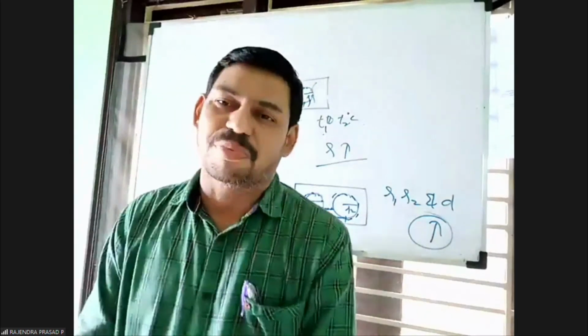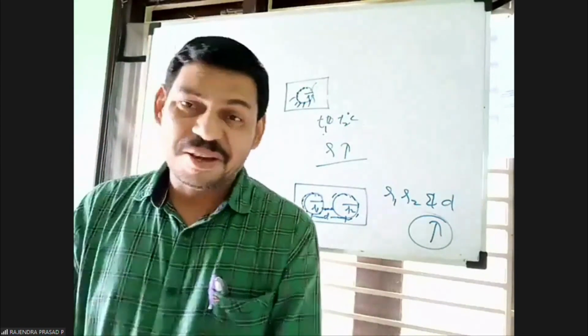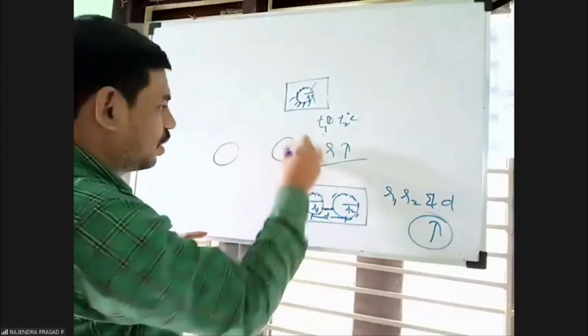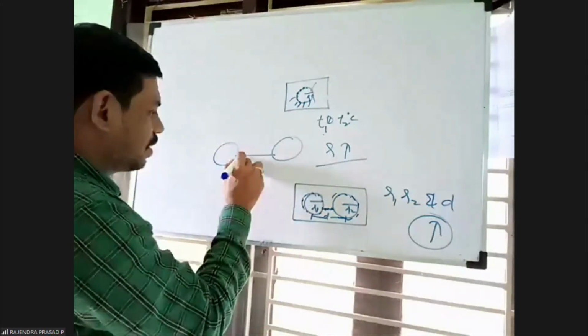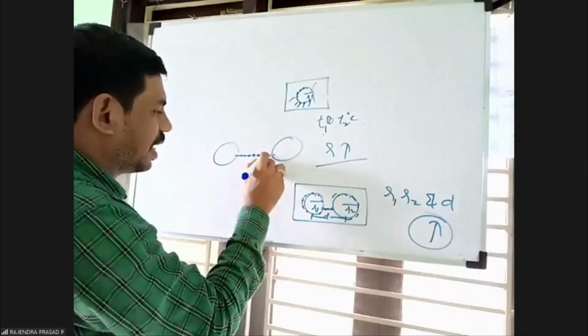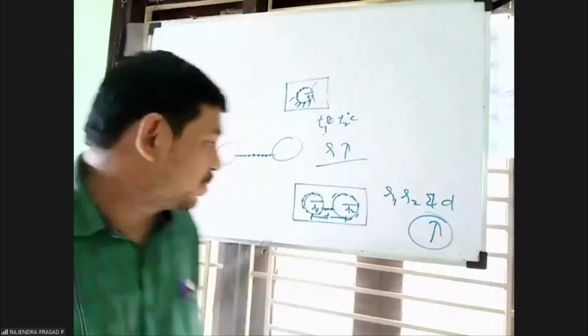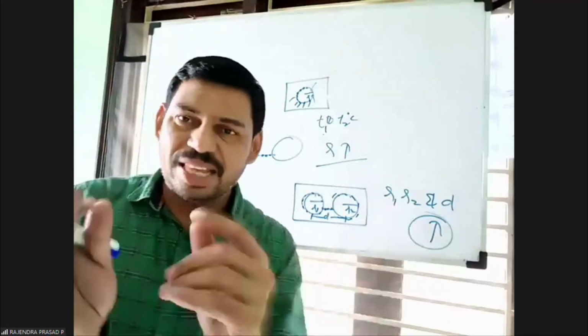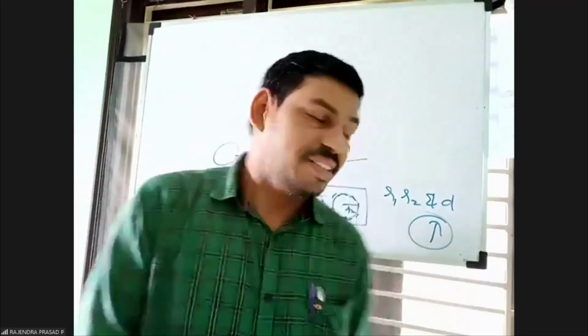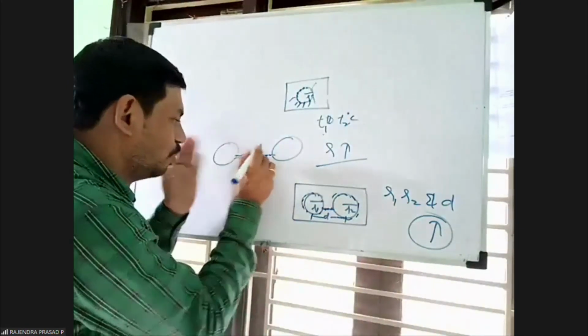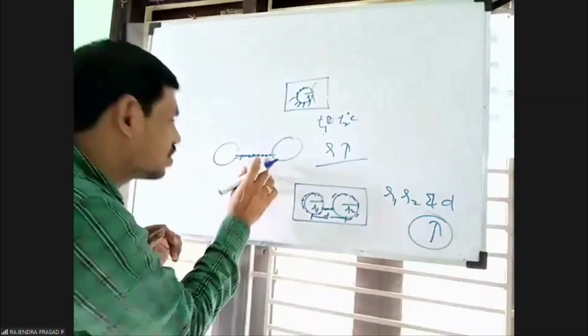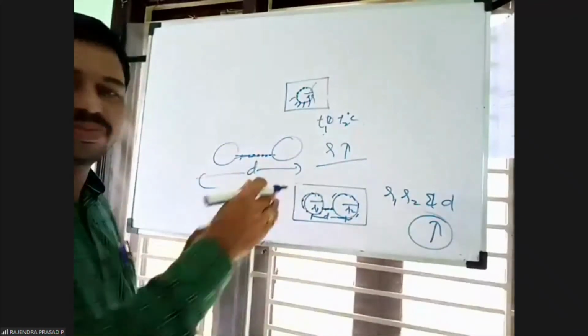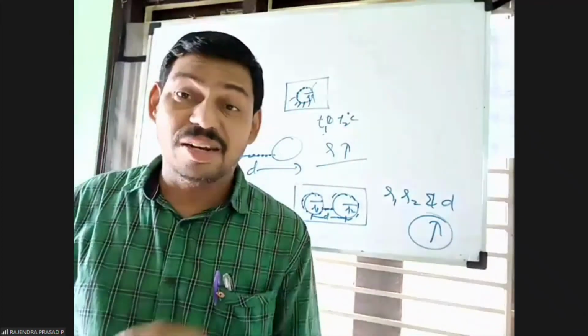In between the two holes there are also molecules, 1, 2, 3, 4 atoms. Each atom moves and the distance between the molecules also increases, so the D value also increases.